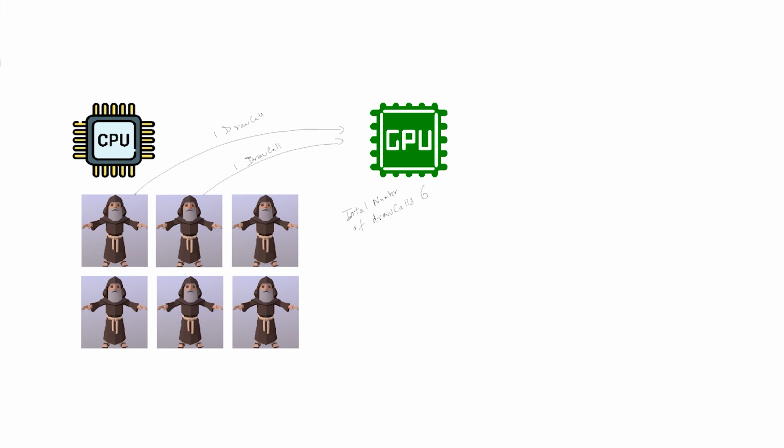And the total number of draw calls in this case is 6 when we have 6 instances. This results in increasing the number of draw calls and a drop in performance.